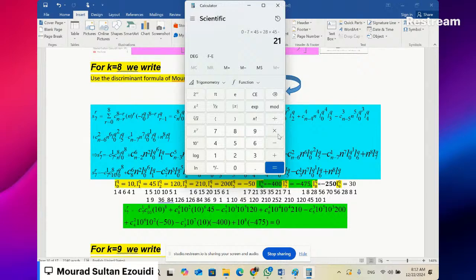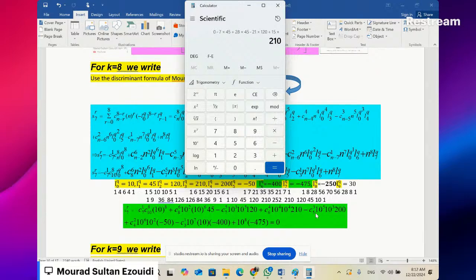Multiply by 120. Plus 6 choose 4. This is 1, 2, 3, 4, means plus 15. Multiply by 210.